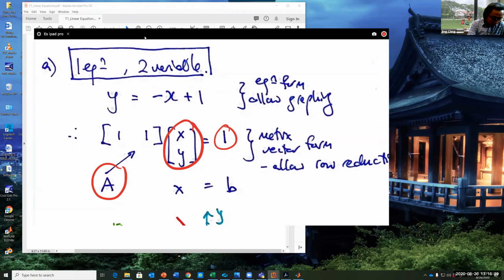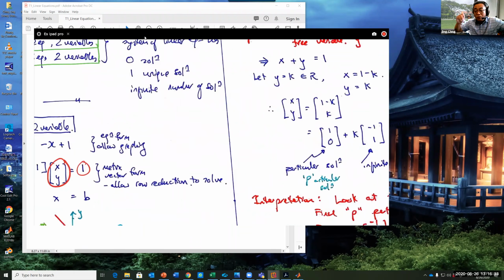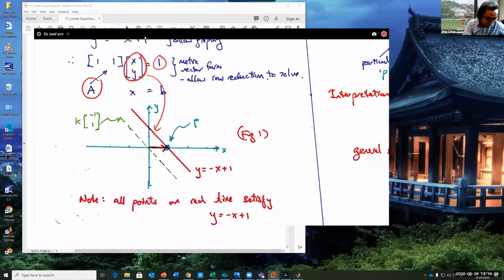In this example, the whole red line, any values of x and y you read off. For example, if you read off this, x equals 1, y equals 0. If you read off this, x equals 0, y equals 1. If you read off this, x equals minus 1, y equals how many, guys? Minus 2 or plus 2, right?